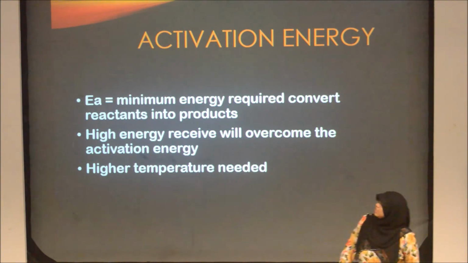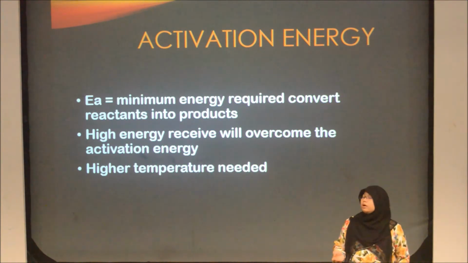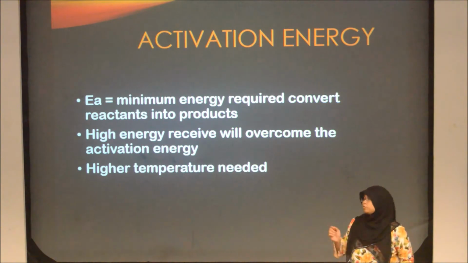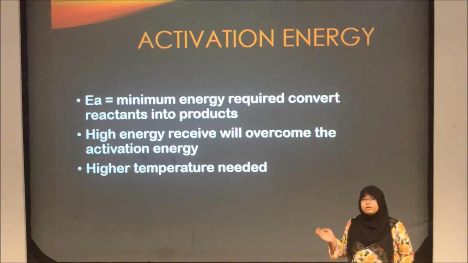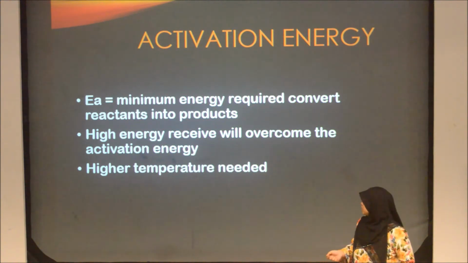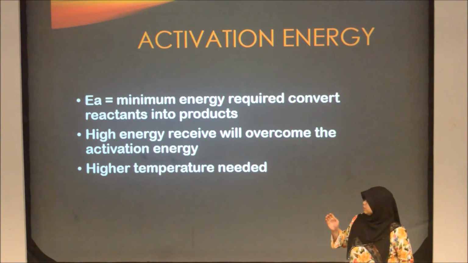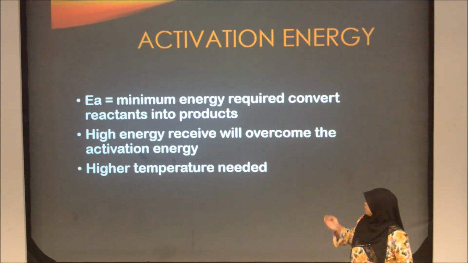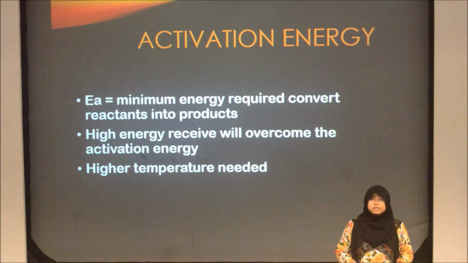Activation energy is the minimum amount of energy required to convert reactant into product. Therefore, we need higher energy to overcome the activation energy, and for that, we need higher temperature.